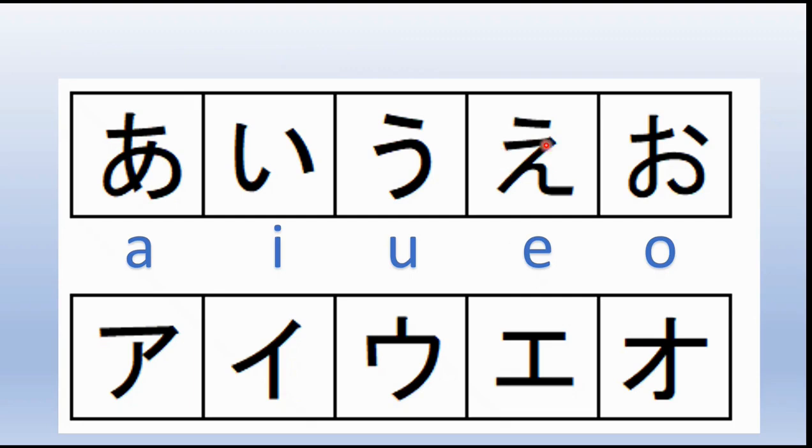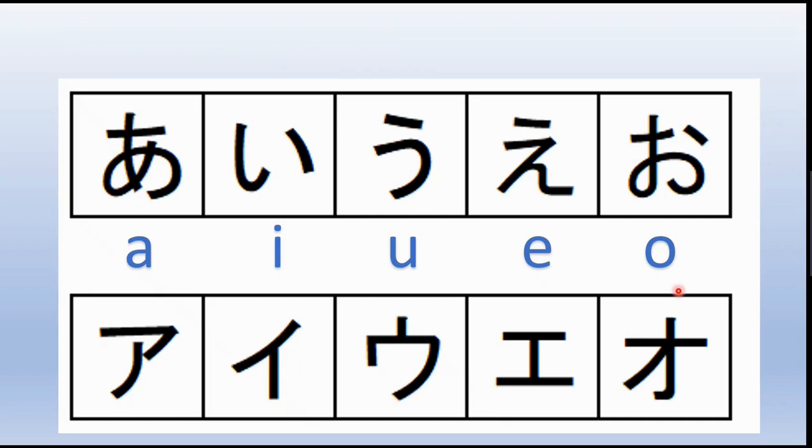Similarly A, where the cursive style has become angular, totally straight lines. And in O, we can see a combination of straight lines and angular lines in katakana, whereas it is purely cursive in hiragana. But there is still some similarity between the two. So this is A, I, U, E, O.